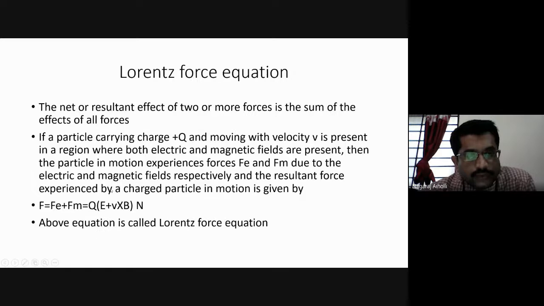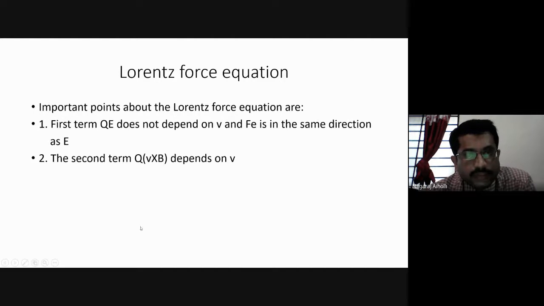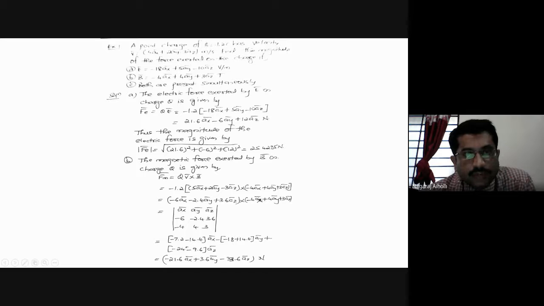Then the total force is given by F is equal to Fe plus Fm, that is Q E plus Q V cross B. Then we discussed the Lorentz force equation, F is equal to Q E plus Q V cross B. Then we solved examples on the magnitude of force due to E bar, due to B bar, and due to both E bar and B bar present.